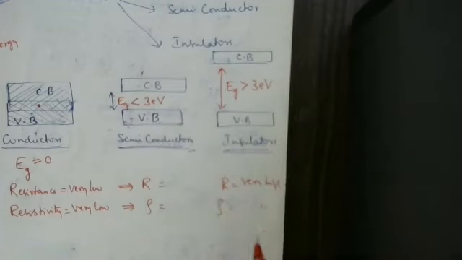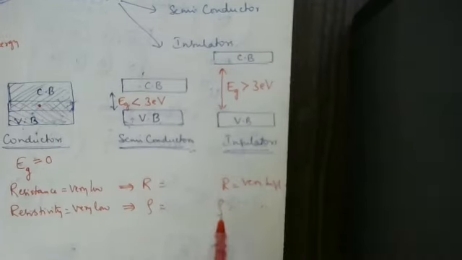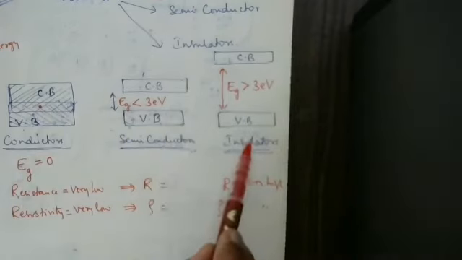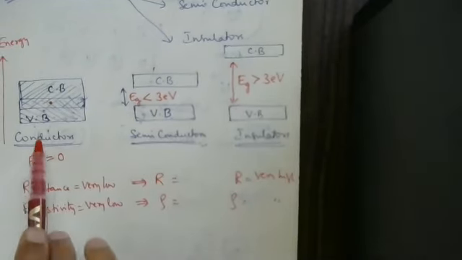Resistivity is also very high. Resistivity symbol rho, resistance symbol R. Resistance of a conductor is very low. Resistivity of a conductor is very low. Resistance of an insulator is very high. Resistivity of an insulator is also very high. This is the basic difference between conductors, semiconductors, insulators on the basis of energy bands.